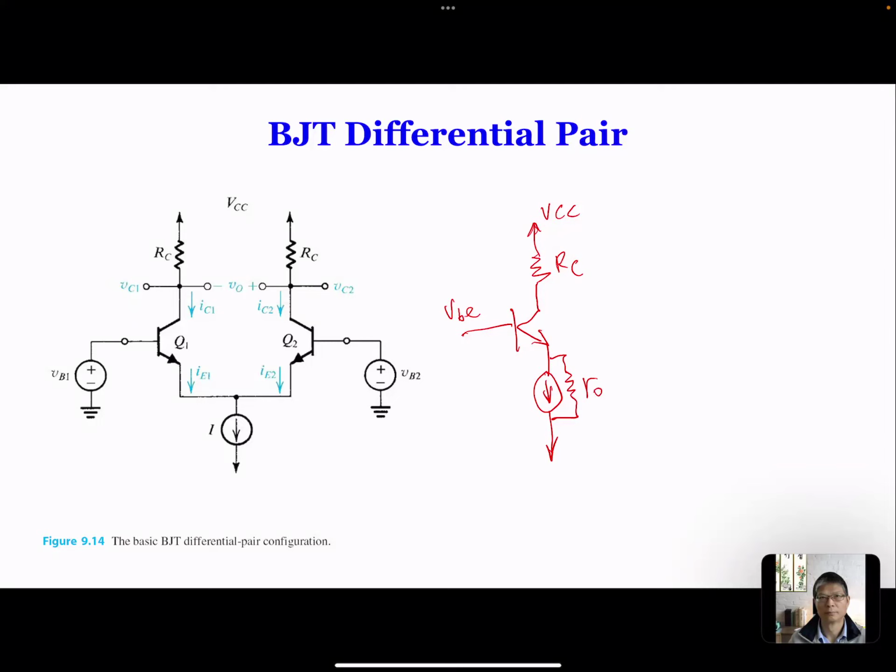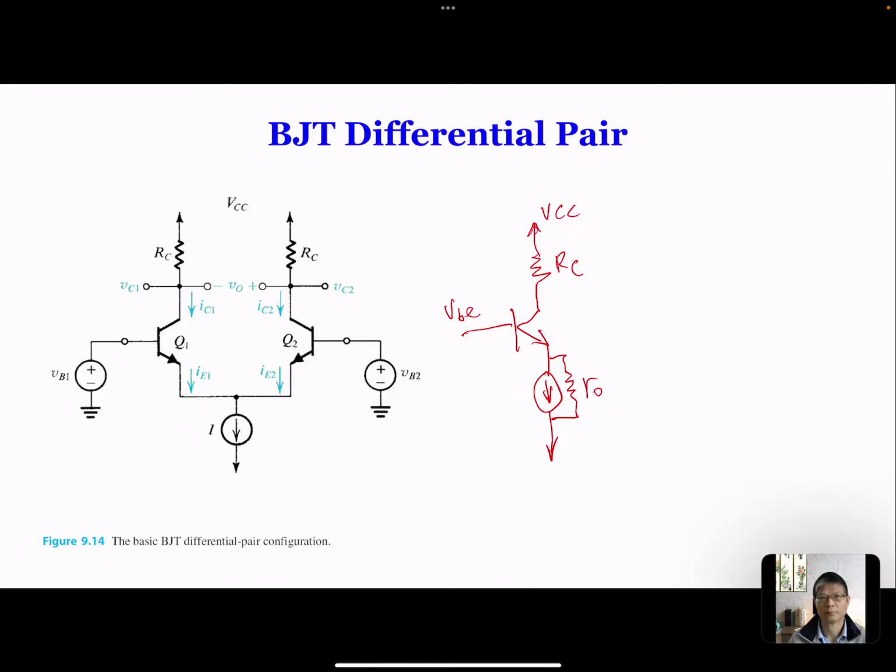So if you open this one, you will have a bypass RO, which is a very big resistor, at the emitter. Therefore, this is not a common emitter amplifier because there's a resistor at the emitter, right?